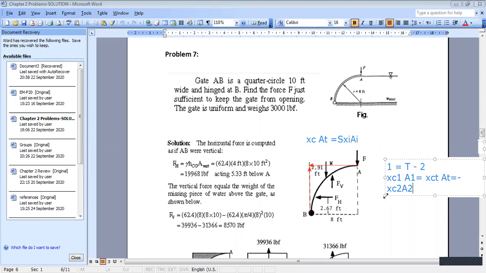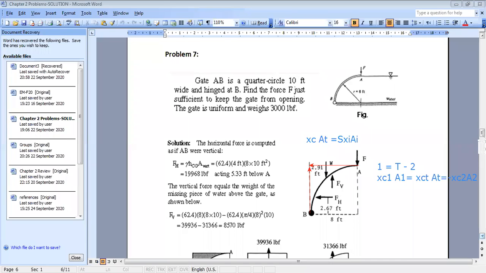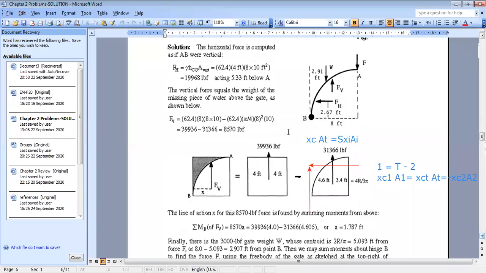Okay, this is the method to find the centroid of part 1. Let us do it together. If you go to this figure here, they illustrate that the part we are interested in is equal to this whole area minus the area of the quarter of surface.